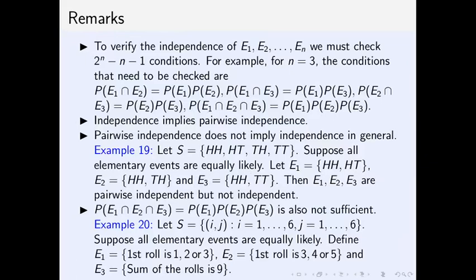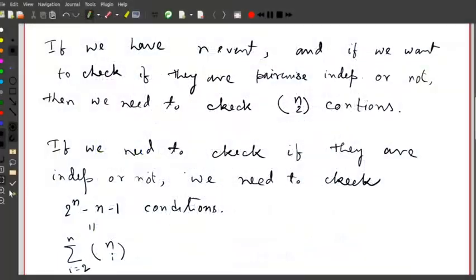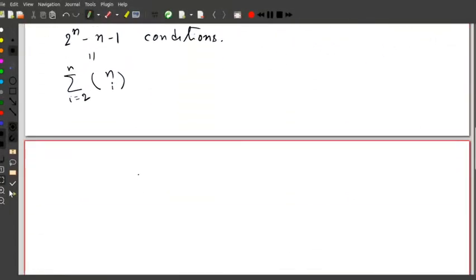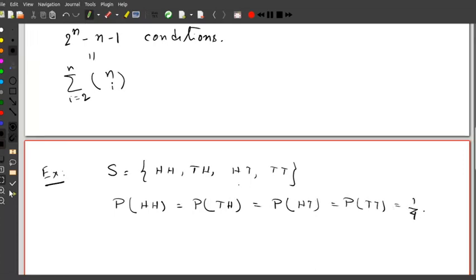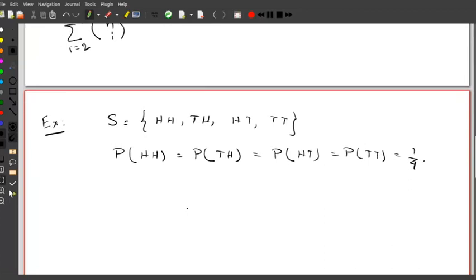So the scenario is as follows. Example: the sample space is head-head, head-tail, tail-head, and tail-tail. We have taken equally likely case. So P of head-head is same as P of head-tail is same as P of tail-head is same as P of tail-tail, which is 1 by 4, because the sum has to be 1.